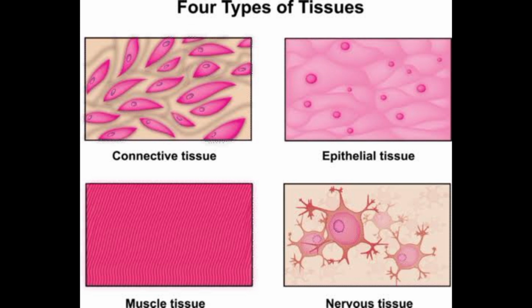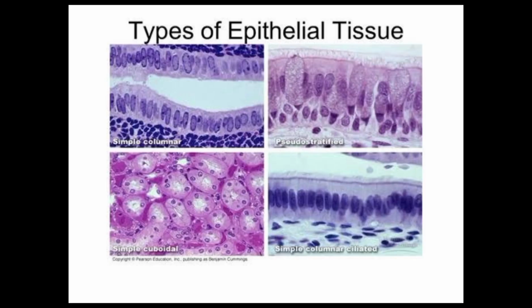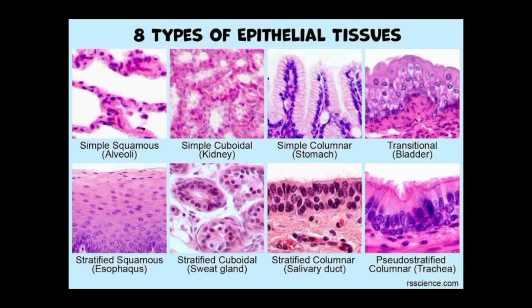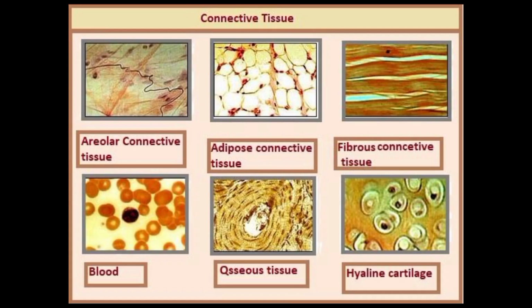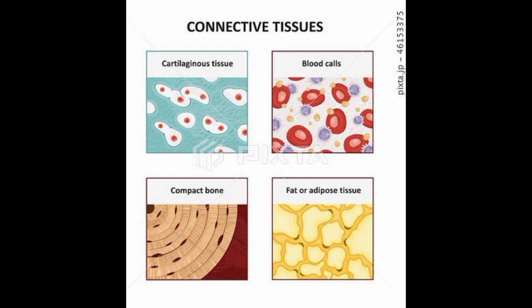The body contains 4 types of tissues: the epithelial tissue, the connective tissue, the muscle and nerve tissue. Epithelial tissue covers or lines body surfaces. Examples include the outer layer of the skin, the walls of capillaries, and kidney tubes. The connective tissue connects and supports parts of the body.